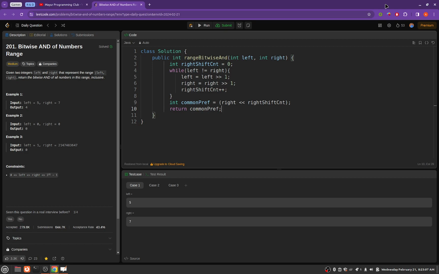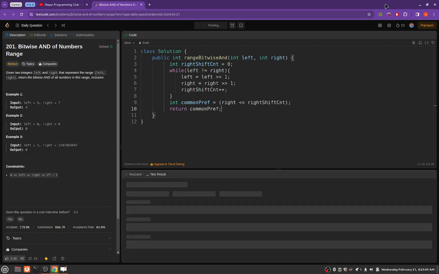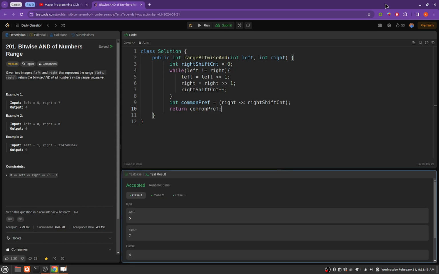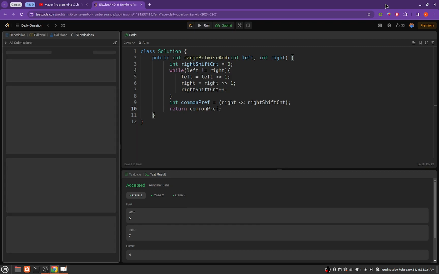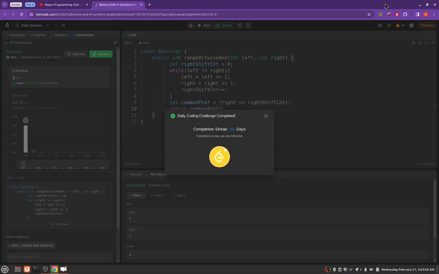Let's submit for the sample test cases, seeing whether this gets accepted or not. As you can see, it's getting accepted for at least the sample test cases. Let's submit for the final evaluation. This is getting accepted after the final evaluation also. So that is how we'll be solving this particular problem.